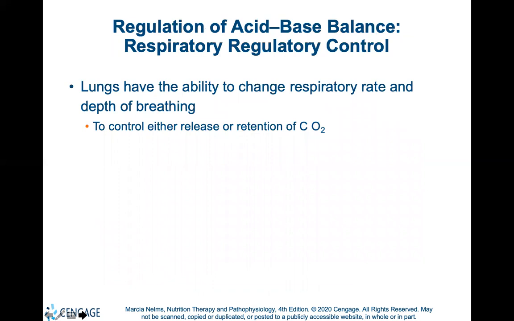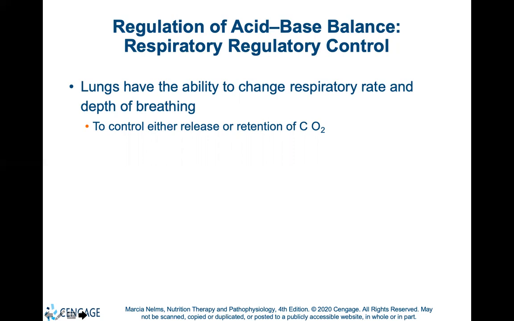The next line of defense in maintaining acid-base balance is respiratory control. The lungs have the ability to change respiratory rate and depth of breathing to control the release or retention of carbon dioxide and hence assist in management of acid-base balance. This control system is very sensitive and is able to respond spontaneously. The level of carbon dioxide in the blood controls the pH of the cerebrospinal fluid since hydrogen and bicarbonate do not cross the blood-brain barrier.